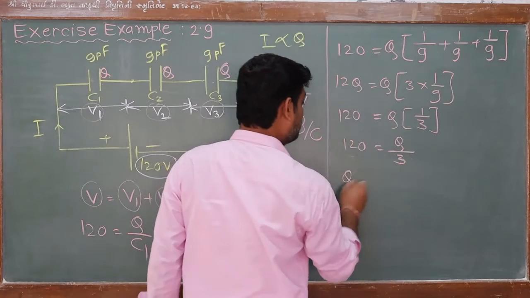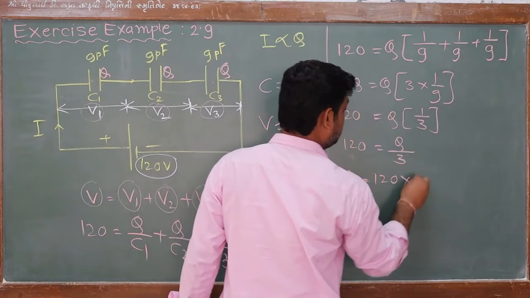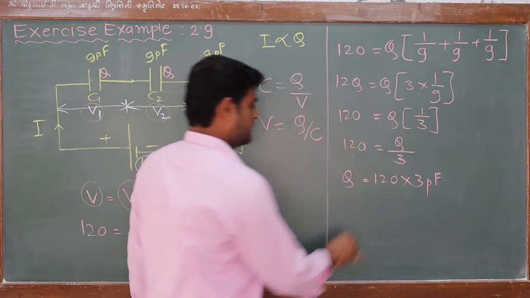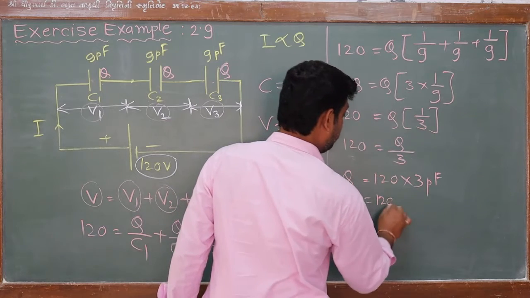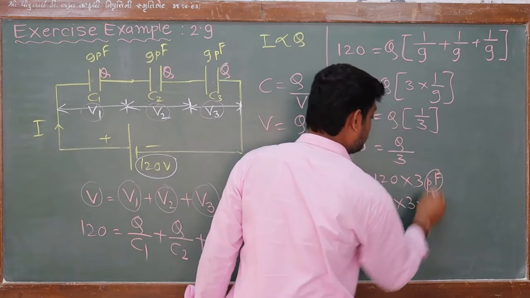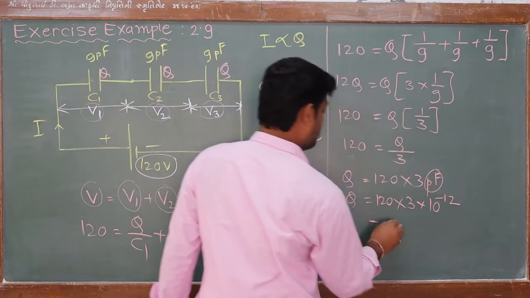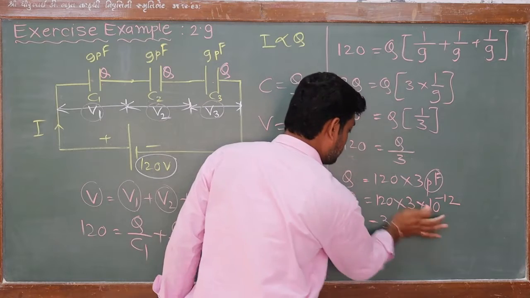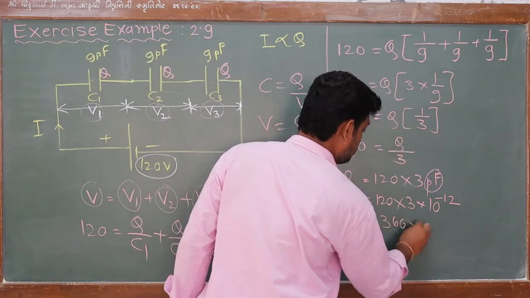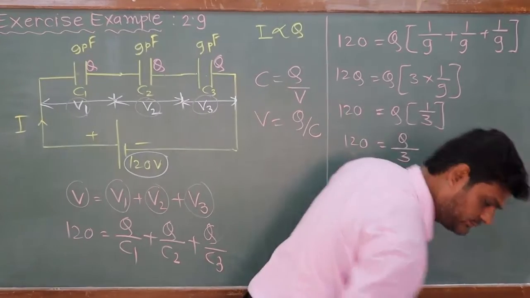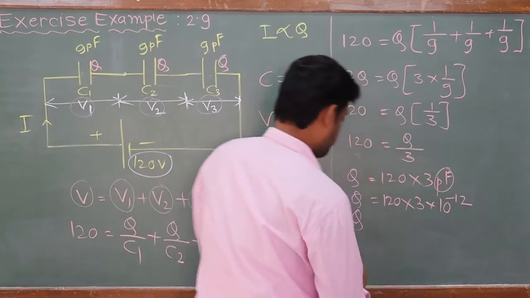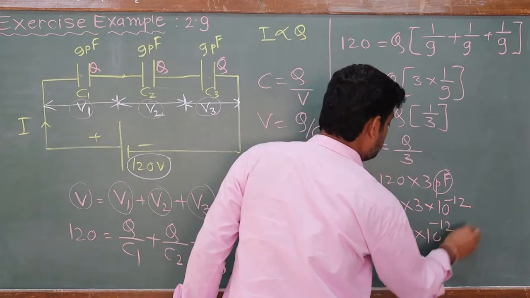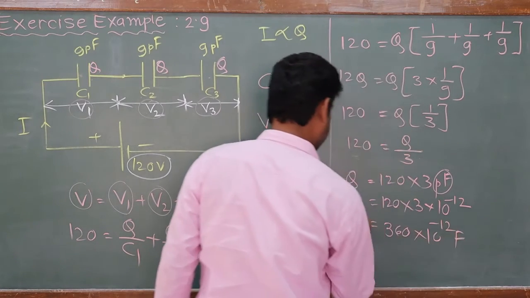So Q equal to 120 multiplied by 3 picofarad. Pico means 10 to the power minus 12. So 120 times 3 is 360. Q equal to 360 times 10 to the power minus 12 farad.